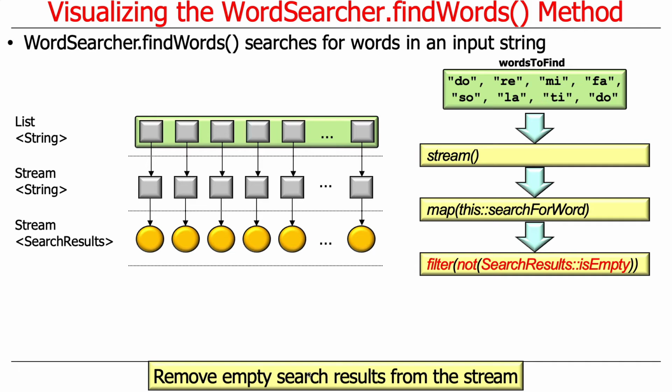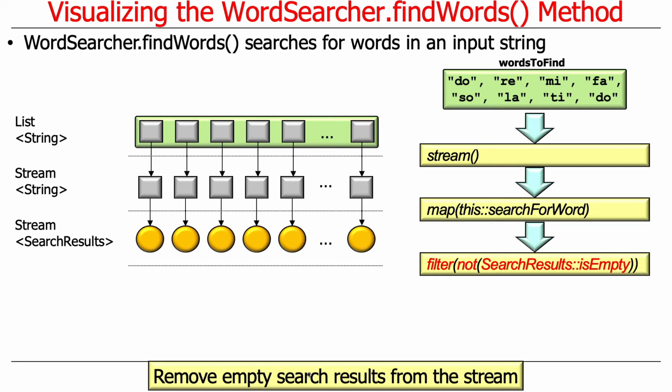And then the next thing we do in our little stream is run the stream of search results through a filter. What the filter is going to do is only allow non-empty search results to continue. So if somebody searched for a word that was not in the input string, like the word foobar or whatever, then that search result would be removed.